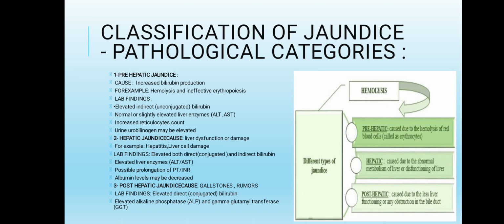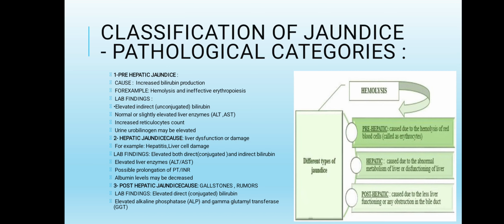Lab findings of prehepatic jaundice. The first is elevated indirect unconjugated bilirubin. Second is normal or slightly elevated liver enzymes, ALT and AST. ALT is found primarily in liver cells, and AST is found primarily in liver cells as well as in other tissues, for example heart and muscle tissues.